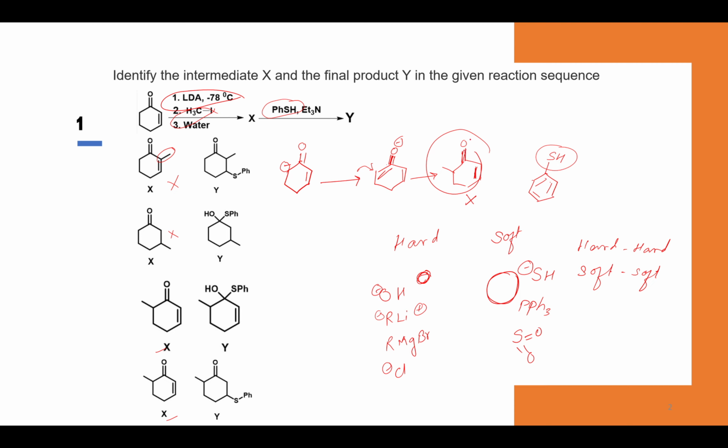So either we can get 1,2 addition or 1,4 addition. 1,2 addition will happen only when a hard nucleophile is there, so hard interaction is based on charge distribution. 1,4 addition will be with a soft nucleophile, because here orbital interaction is taking place.